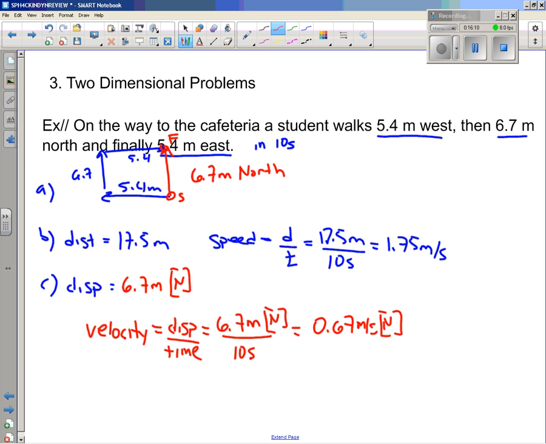So you see, when you're dealing with two dimensions, you often get a different velocity than a speed. This is an average velocity and an average speed, and speed comes from distance, and velocity comes from displacement.